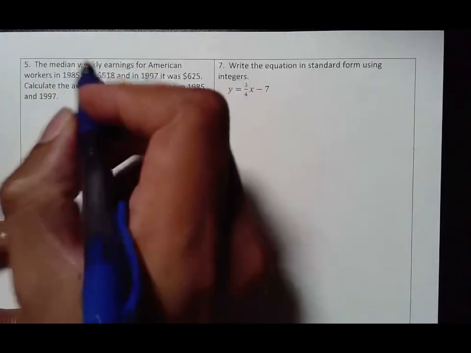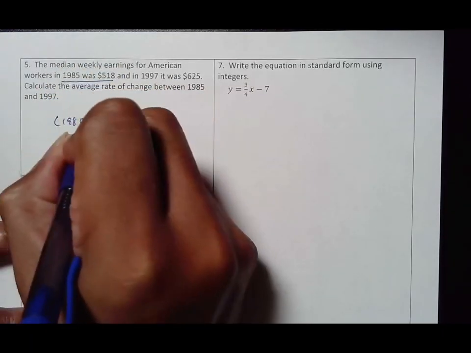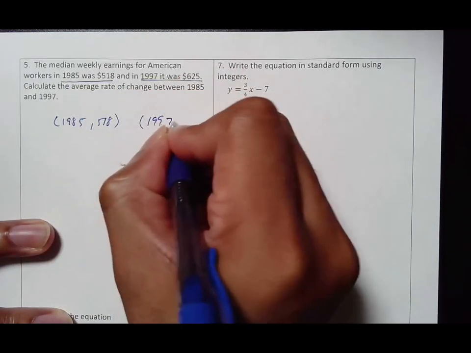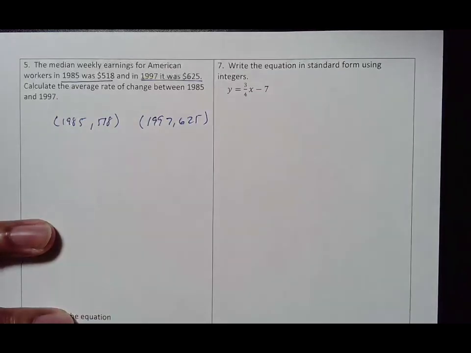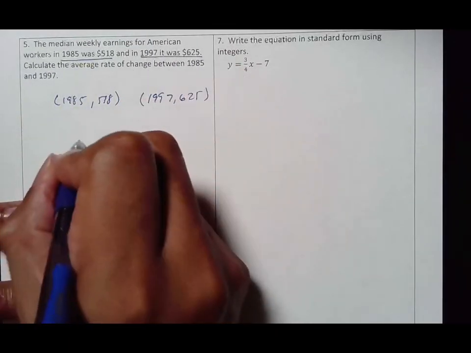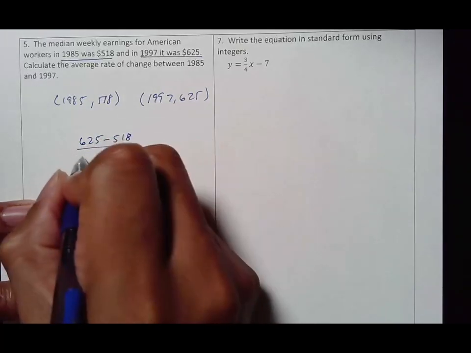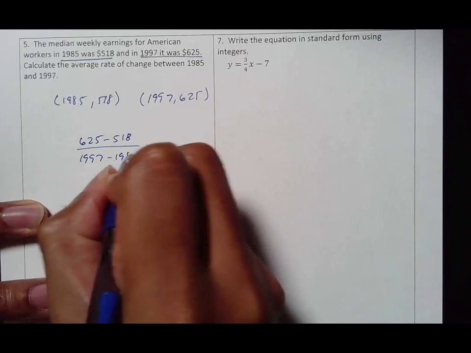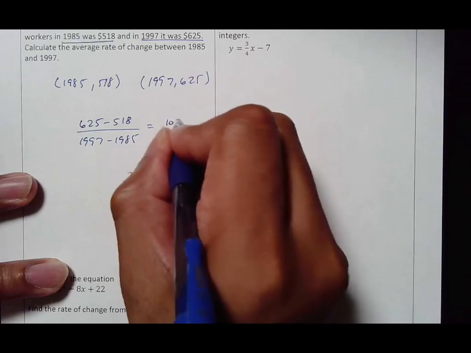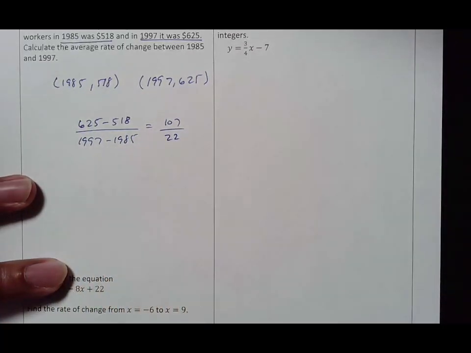Number 5, pretty much the key with number 5 is that you take these 2 points that they gave you, and you pretty much use those to find the slope. So you literally just take 1985, 518, 1997, 625, and again, you follow the slope formula to do your answer there. 625 minus 518 makes 107 over 22, which I believe is as far as you can go.